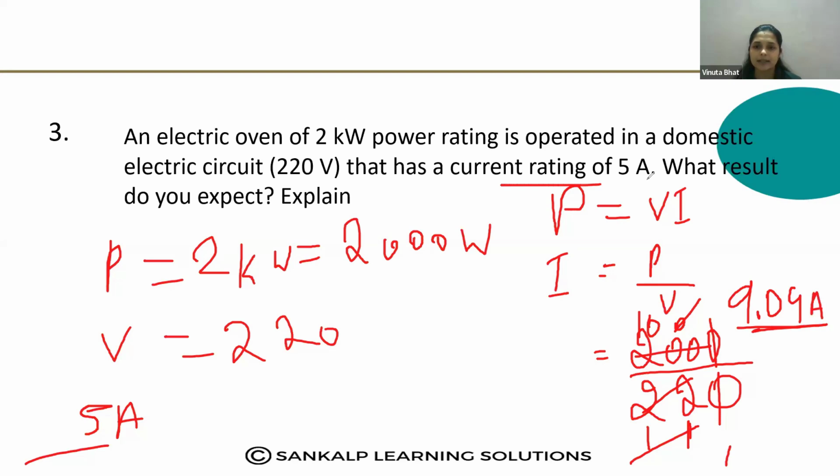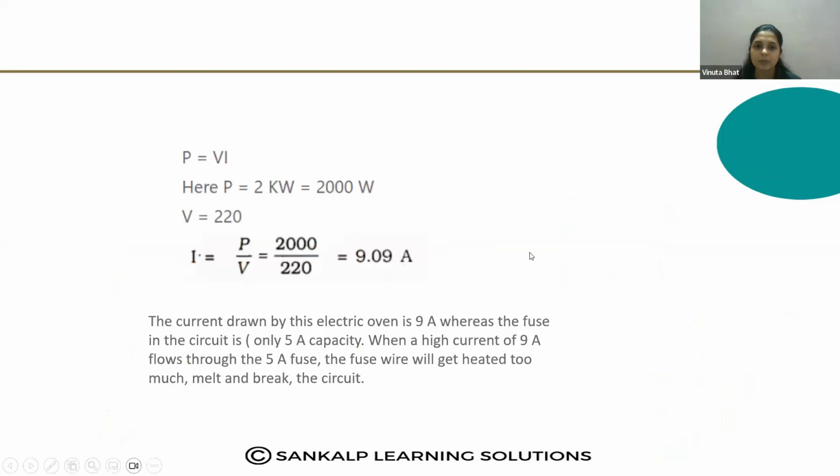So the current rating is 5 ampere, but the current flowing in this circuit is 9.09 ampere. The current drawn by this electric oven is around 9 ampere, whereas the fuse in the circuit is 5 ampere. So the fuse will get heated too much, melt, and break the circuit.